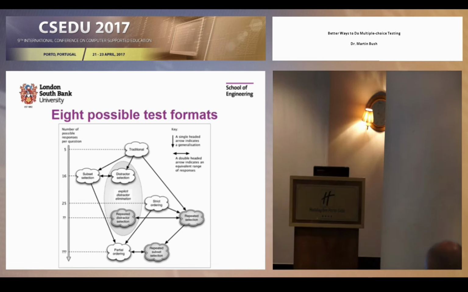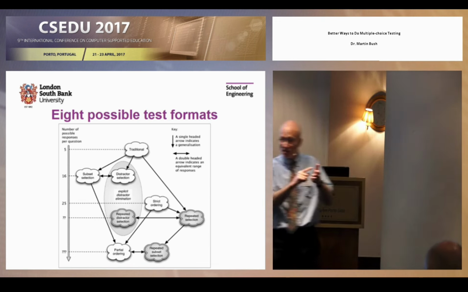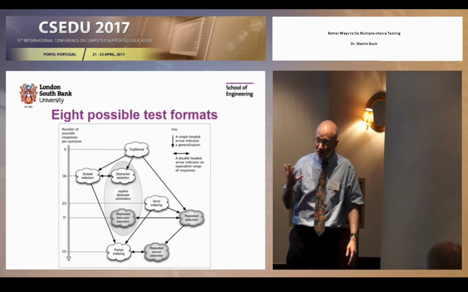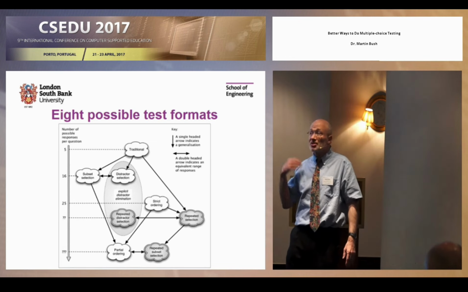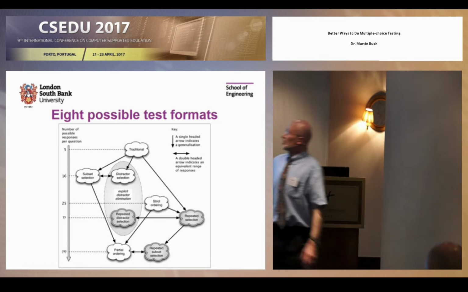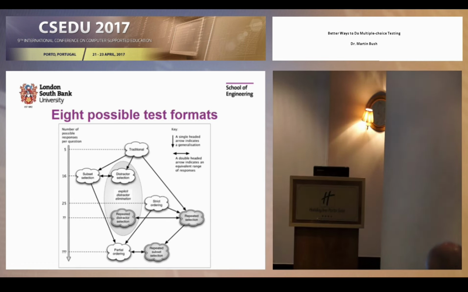Strict ordering, order of preference, where you're asking the students to say, what's your first choice, second choice, third choice, fourth choice? Well, that's 4 times 3 times 2 times 1, which is 24. And if we include skip as well, so we say to a student, if you've got no idea, leave it blank, that makes 25 different responses. So a student has got one of 25 different ways they can answer this question.